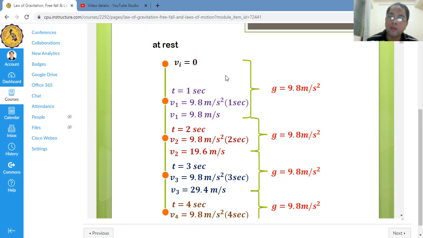But if you remove the air in between them, then you'll notice that they will reach the ground together. So again, the presence of air causes objects not to fall on a regular basis. But if we remove this and put them in a vacuum, then this will be true.